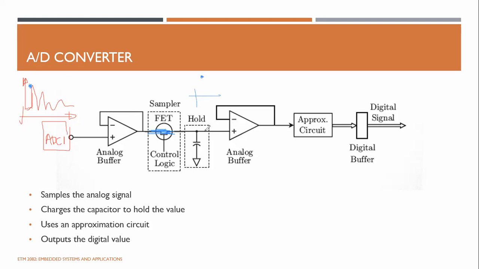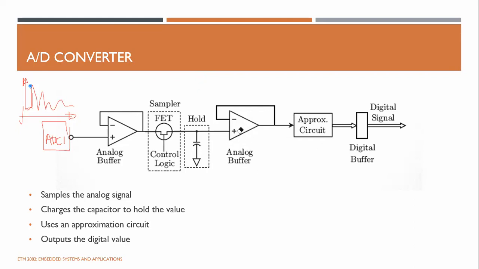Then you disconnect this FET, and you can keep the charged capacitor voltage. It will be something like that until you process your ADC operation, right? That's why you need a sample and hold circuit. The capacitor is charged to this voltage, and it will keep the charge until you perform your ADC operation.